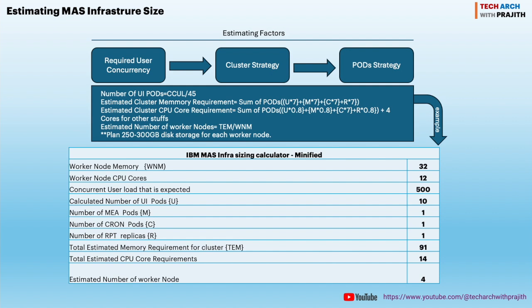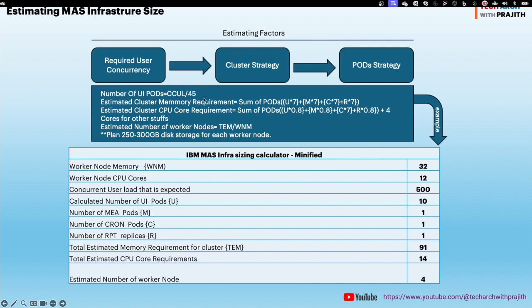into a worker node. So what you see here in the top section, we have the estimating factors, and then some formulas and one example in the bottom. The main input that we consider in the estimating factors is the required user concurrency. This is not the concurrency I'm talking about in the app point, suppose that you are allocating.